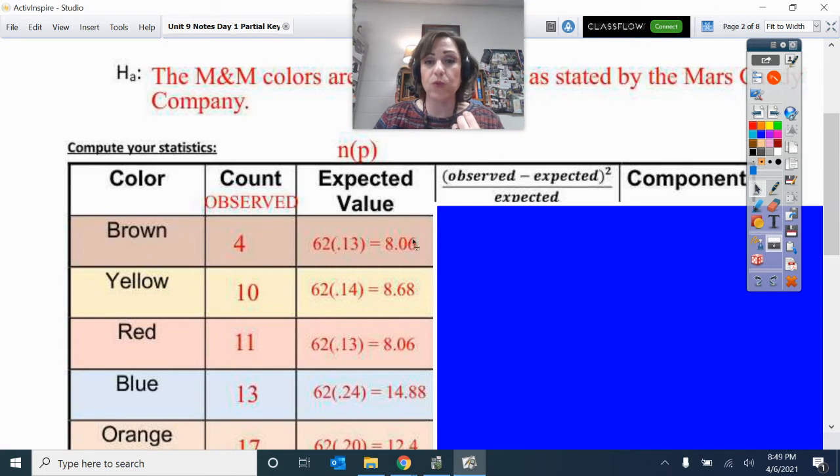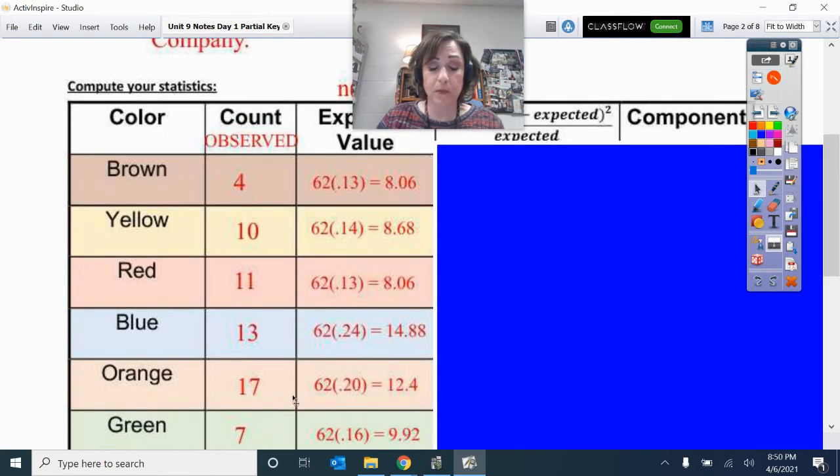That is what was expected. And then for the yellow, 62 M&Ms was what I had, times what was supposed to happen, 14% yellow. So that was 8.68, and so on. I have those listed out for each one of my colors.